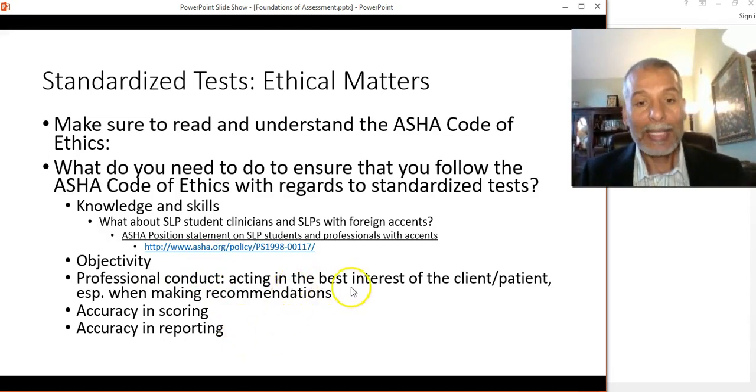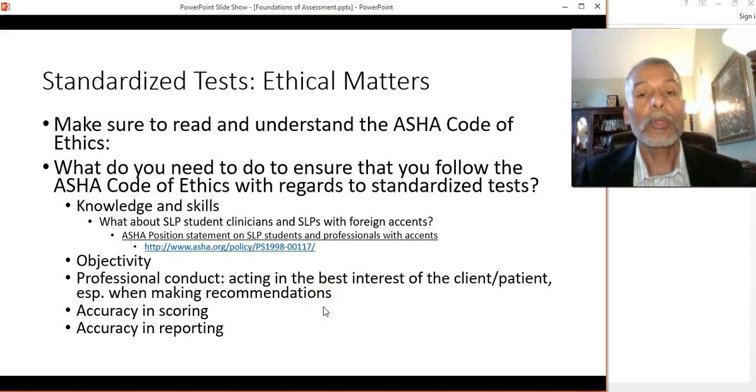Also, we are mandated to act in the best interest of the patient or the client, especially when we make recommendations. We cannot just make fewer recommendations than needed so that the school or the institution can save money and stuff like that.